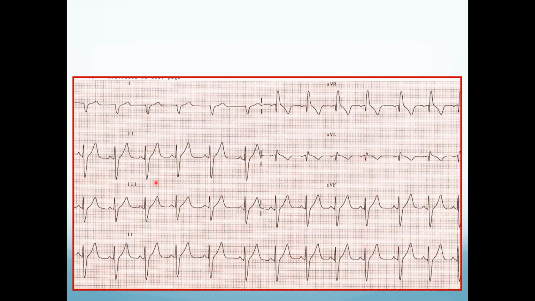So we don't have a particularly fast heart rate. Again, we're going to go back to that systematic approach. We look at the rhythm overall, pretty regular. We're going to ask ourselves, do we have a P wave for every QRS? We look, P wave for every QRS here. Do we have QRS complexes? Yep. QRS for every P wave?